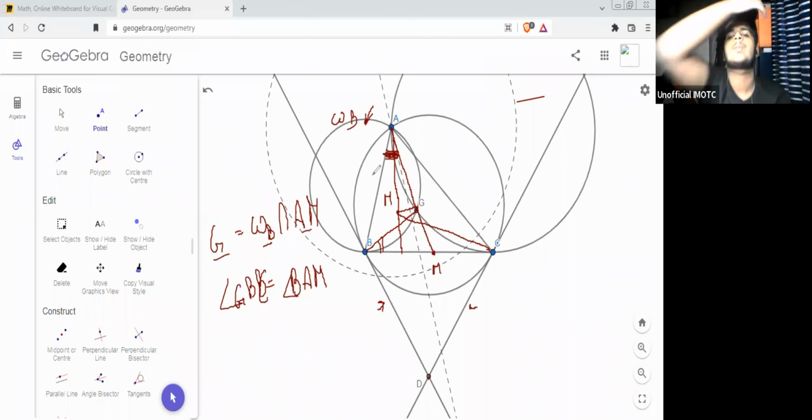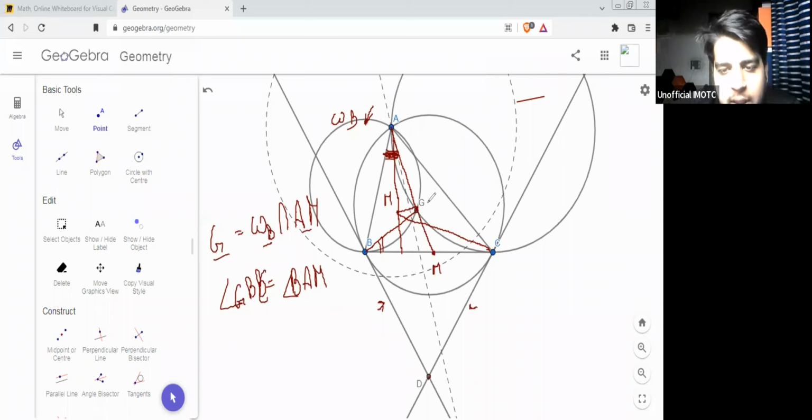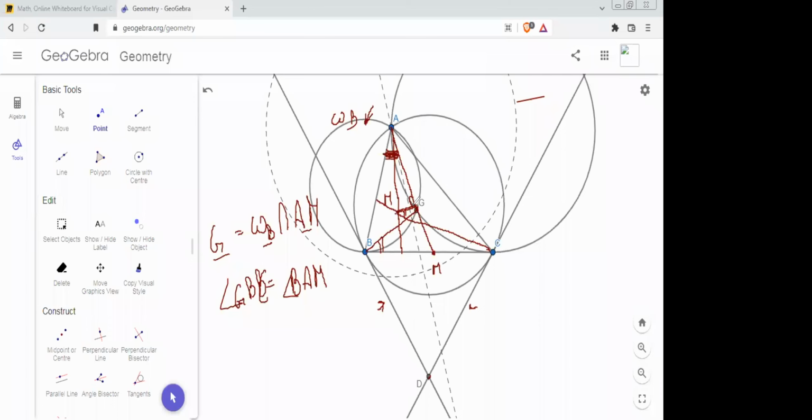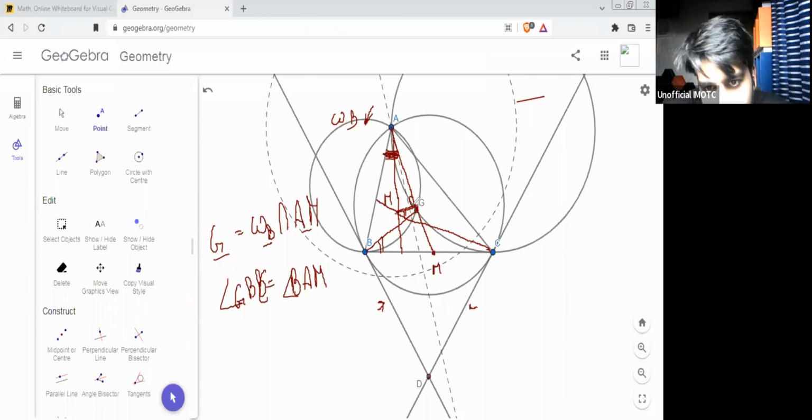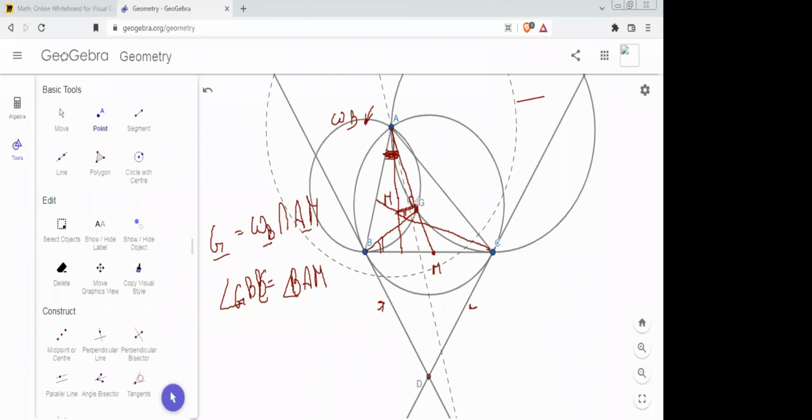BC is tangent to this circle. And if this was the HM point, we know that this angle is equal to this angle, but how do we show this now? G is omega b intersection AM, right? Yep. Yeah, okay.